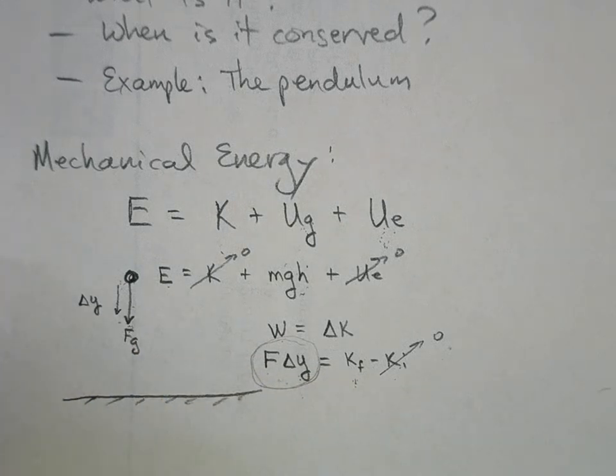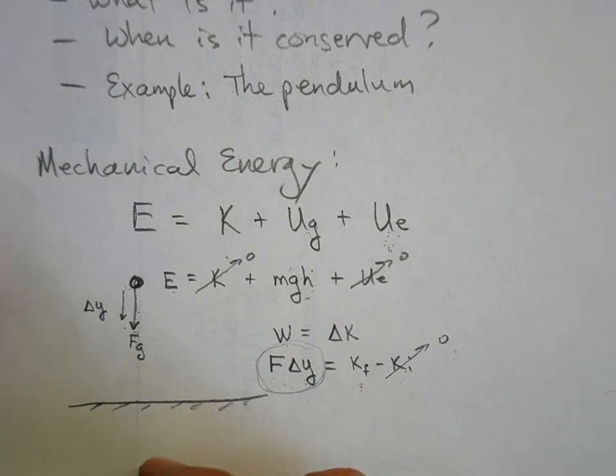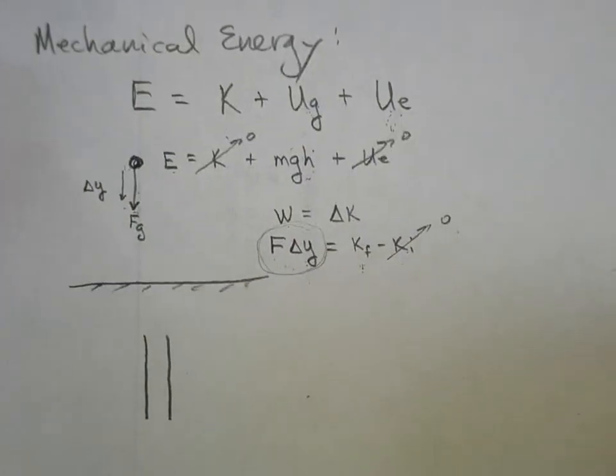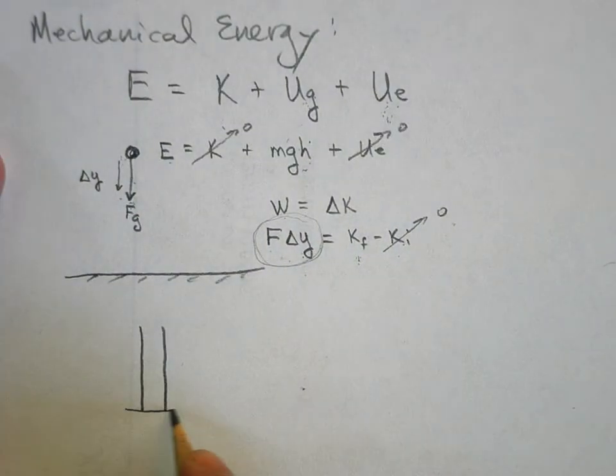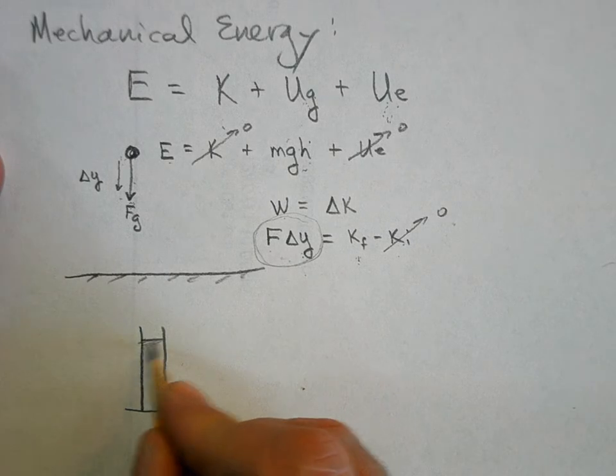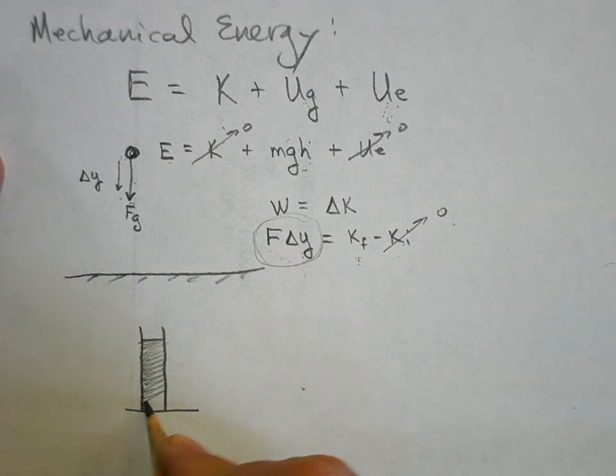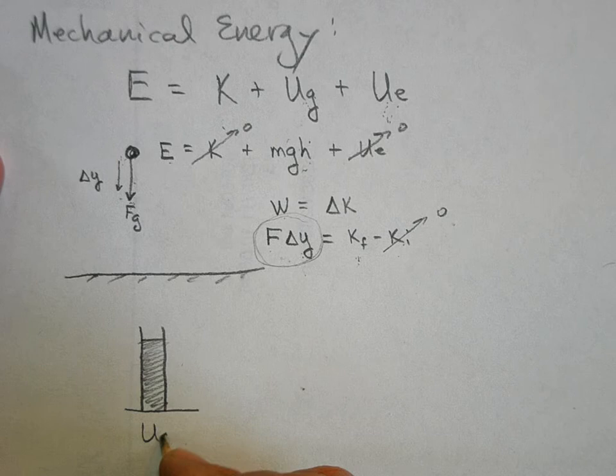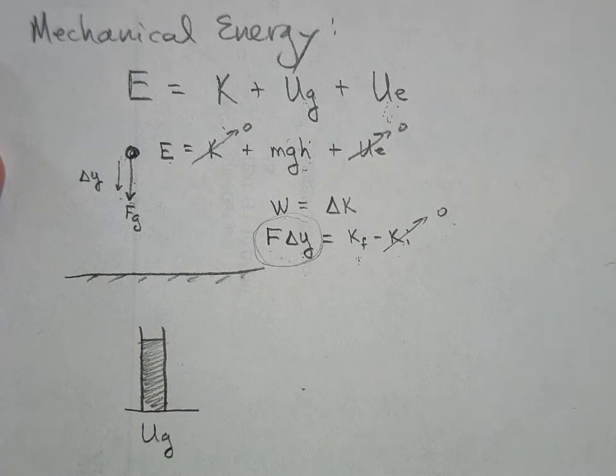gravitational potential energy. So the way to look at this, like with the bar charts we were talking about, the ball started off with this much gravitational potential energy. And then gravity did work.